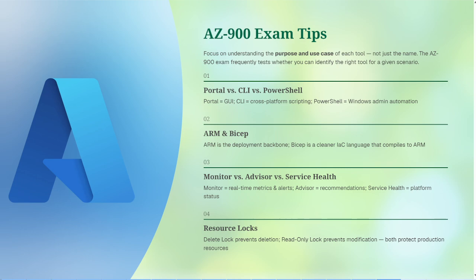ARM manages the deployment process. Bicep is a modern infrastructure as code language from Microsoft. It provides cleaner syntax, easier maintenance, and better readability. But Bicep does not replace ARM. Bicep compiles into ARM templates.